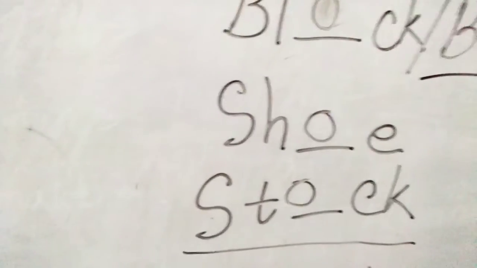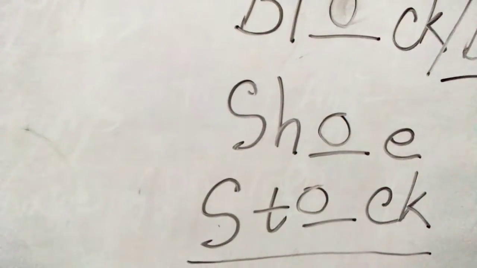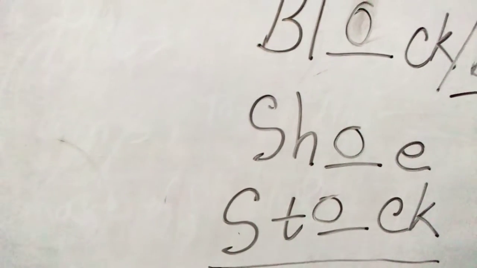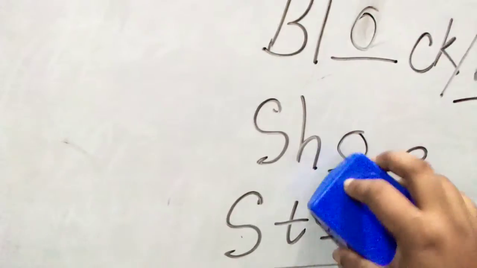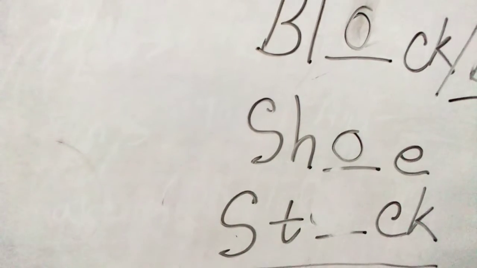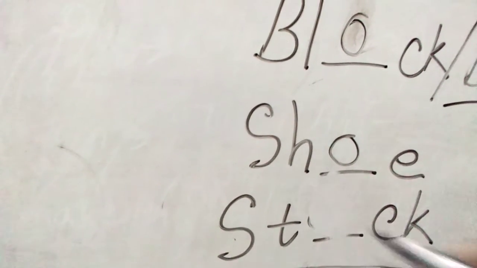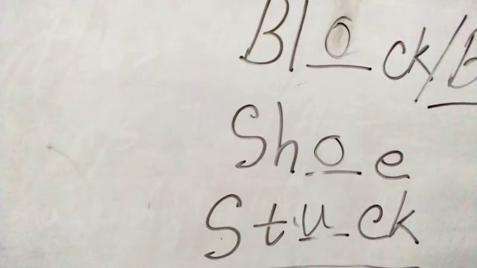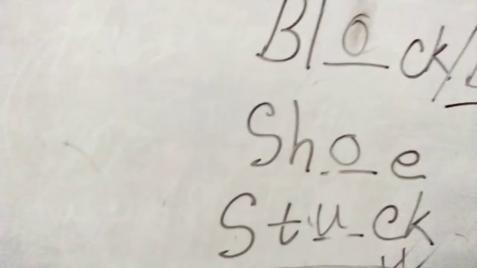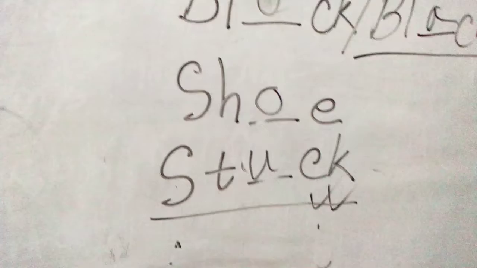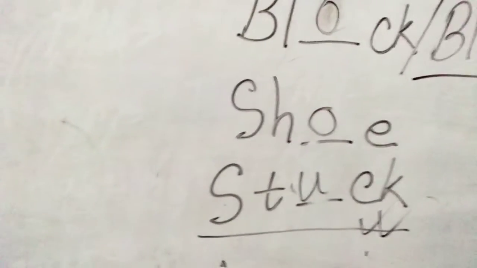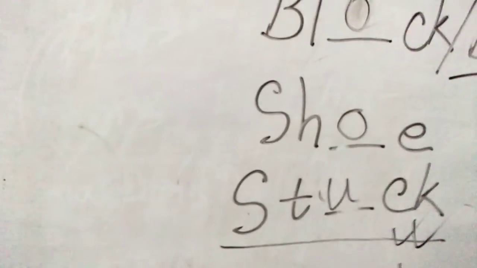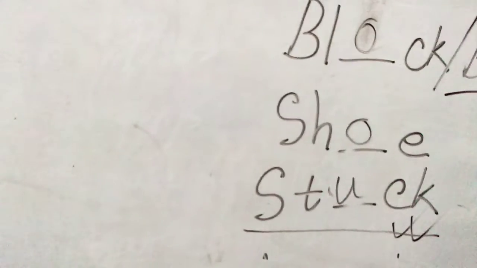Look at the board. You can put O, because if I put O, it becomes a meaningful word, so it is also right. But if I put U, stuck means to glue to something. It's also making a new word, so it's also right. But I think stuck is not too familiar to you.